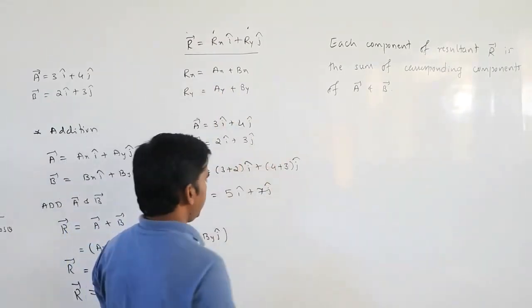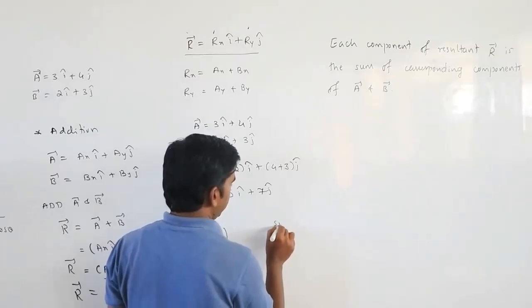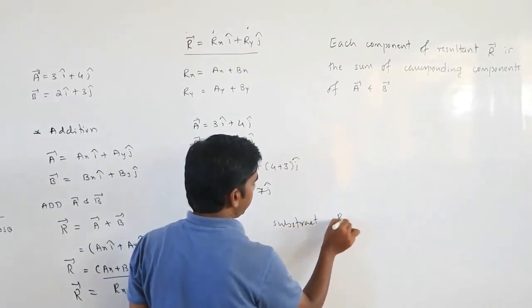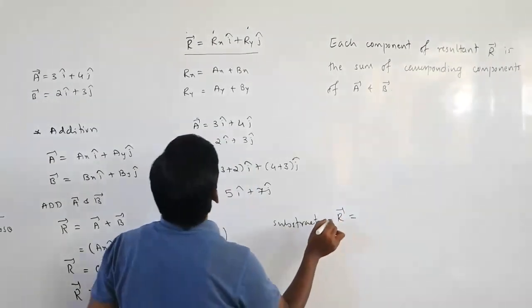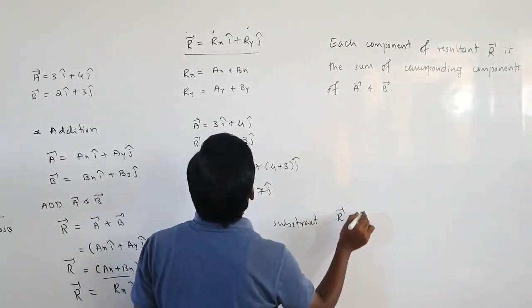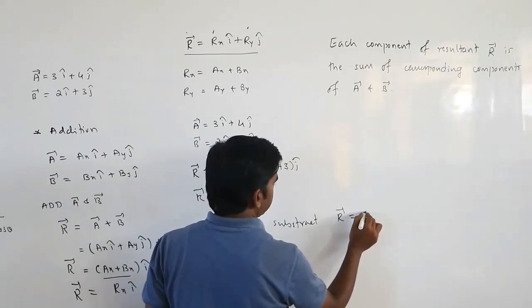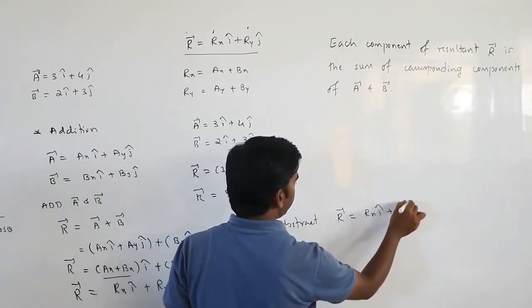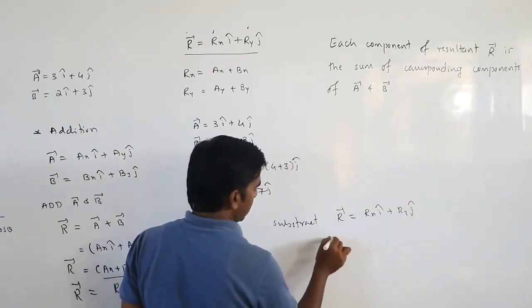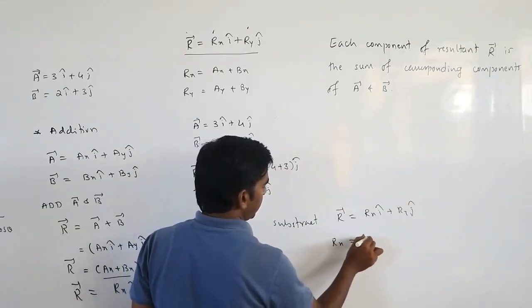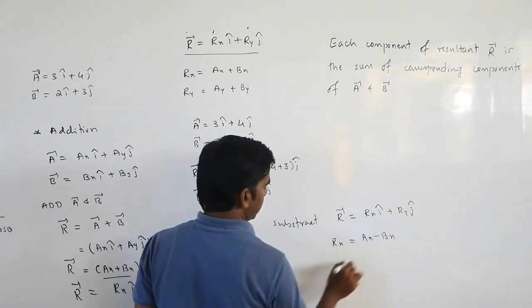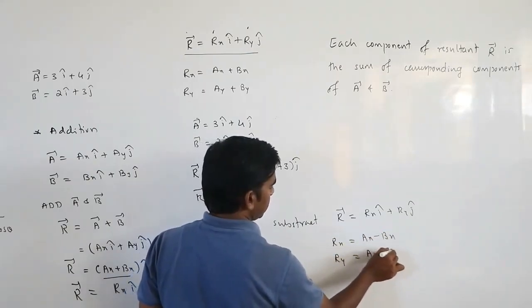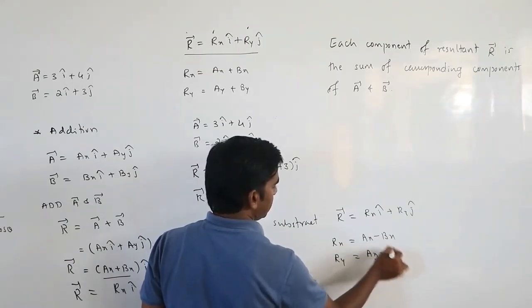If you subtract, the resultant will be Rx i cap plus Ry j cap, but Rx is Ax minus Bx and Ry is Ay minus By.